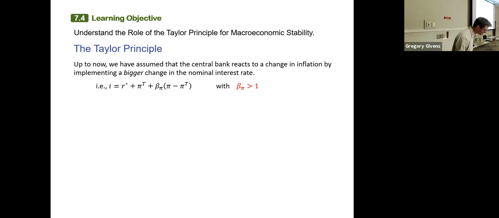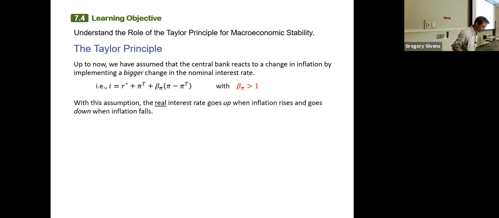Now, what this means in practice, of course, is that the central bank adjusts its nominal policy rate aggressively in response to deviations of inflation from target. That's how we interpret a beta pi bigger than 1. Let's say 1.5 or 2, okay? So aggressively, in fact, that movements in the policy rate, I, the nominal interest rate, will generate movements in the real interest rate in the same direction, okay?